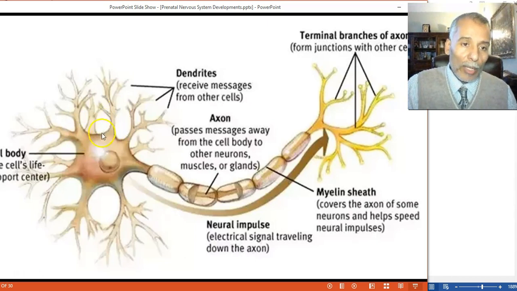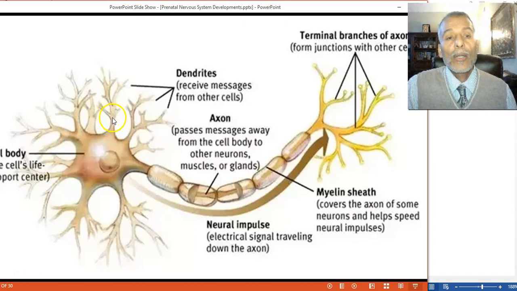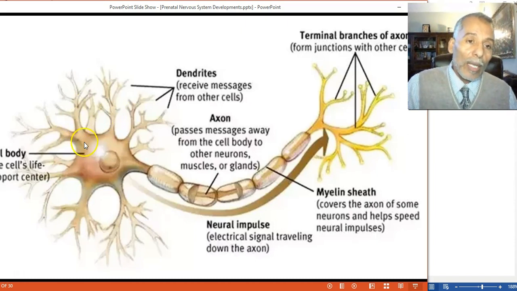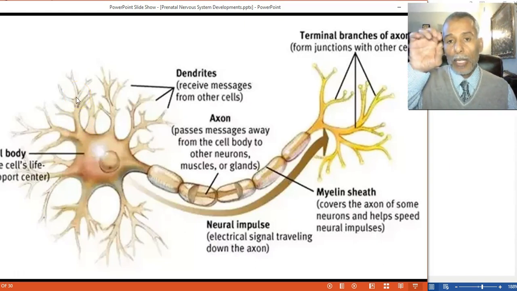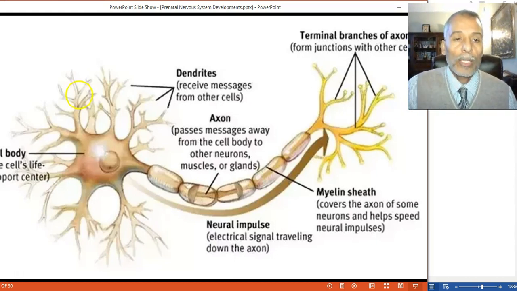Out of the cell body, you have extensions that we know as dendrites. They are continuous with the body of the neuron, and they also have organelles inside, places to manufacture products needed for the neurons and especially for the dendrites themselves. There are hundreds and thousands of them on one cell.